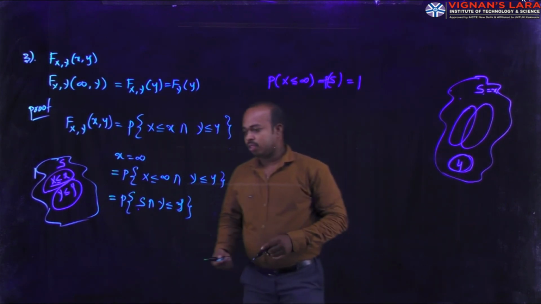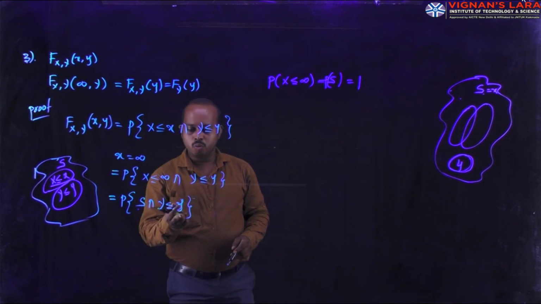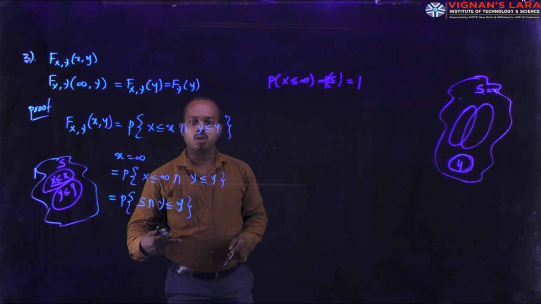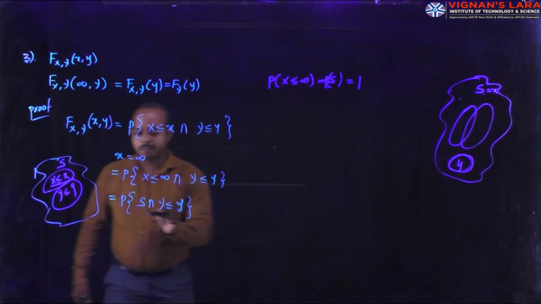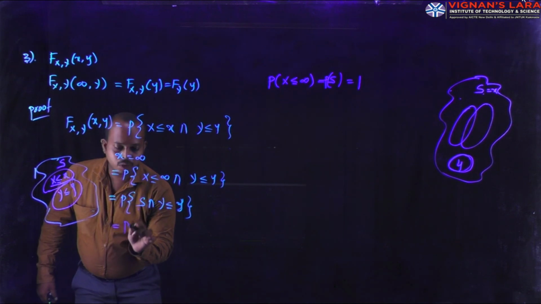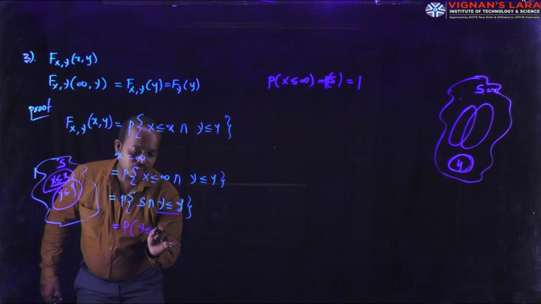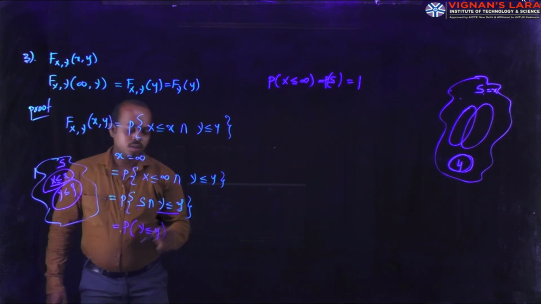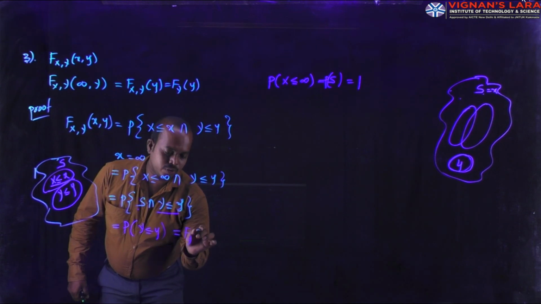That's why here the sample space value is the higher quantity and the y value is the lesser quantity. So the common portion is the probability of the event y, that is capital Y less than or equal to small y. This value can be represented in its distribution as F of y.